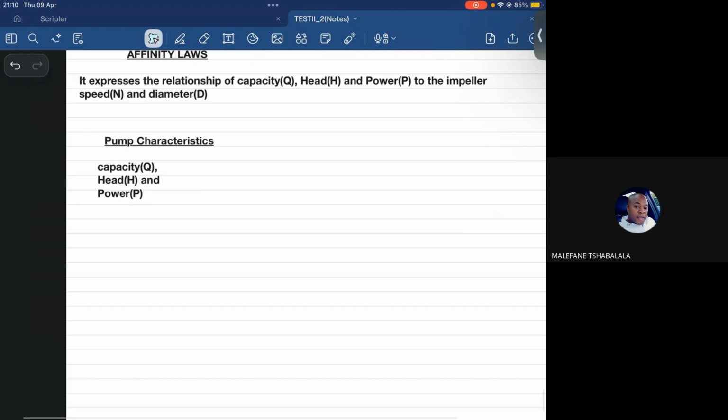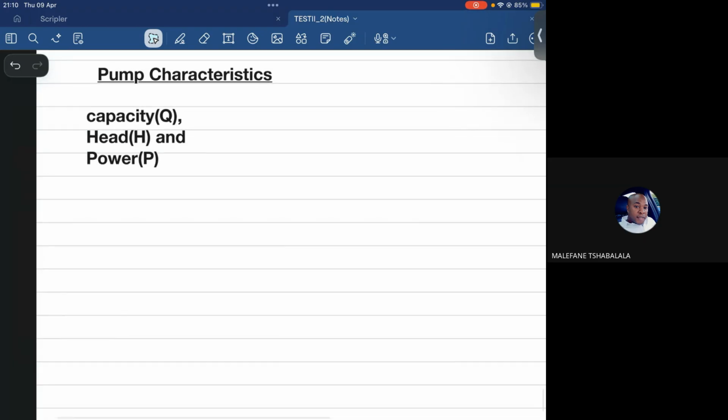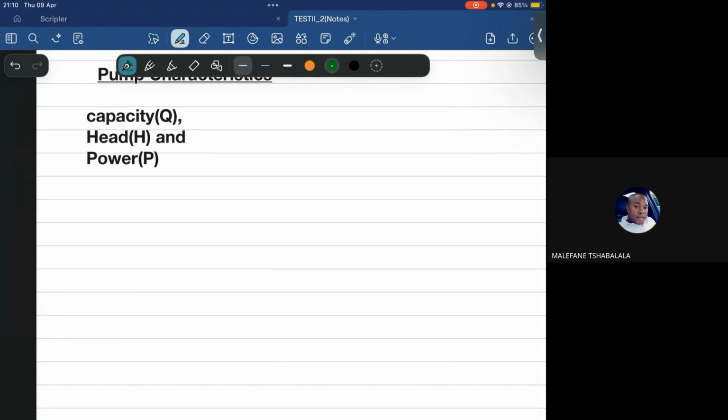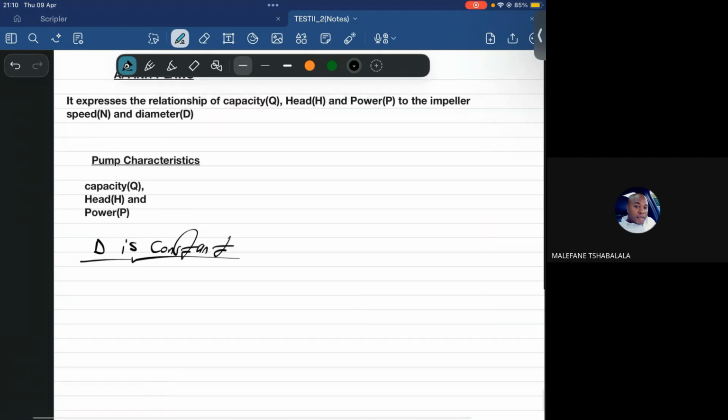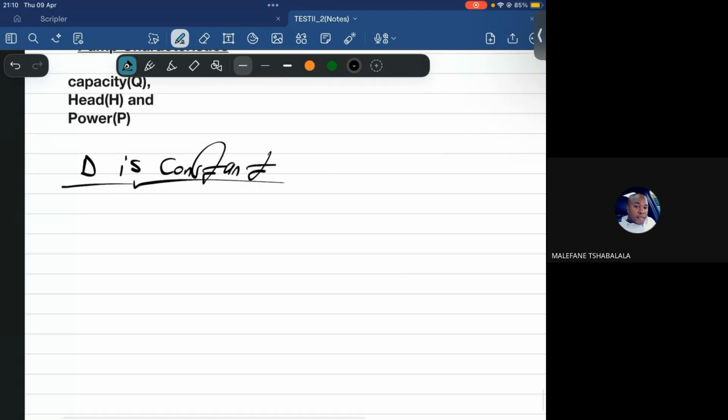According to affinity laws, whenever the impeller diameter is constant, these are the formulas that we get.